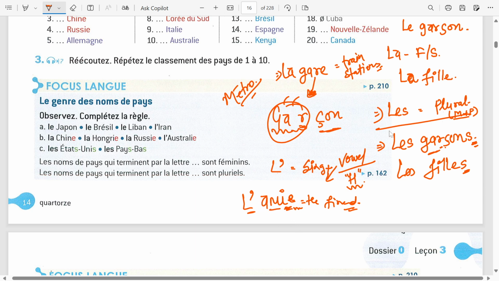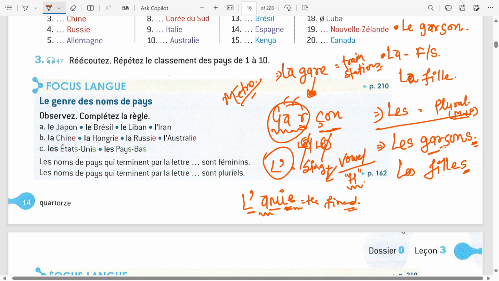So basically vowel-based or H-based, this article is nothing but le or la only. But the e or the a is removed just because one extra vowel comes just after this article's vowel. That's why we are removing the e from the masculine one and the a from the feminine one.